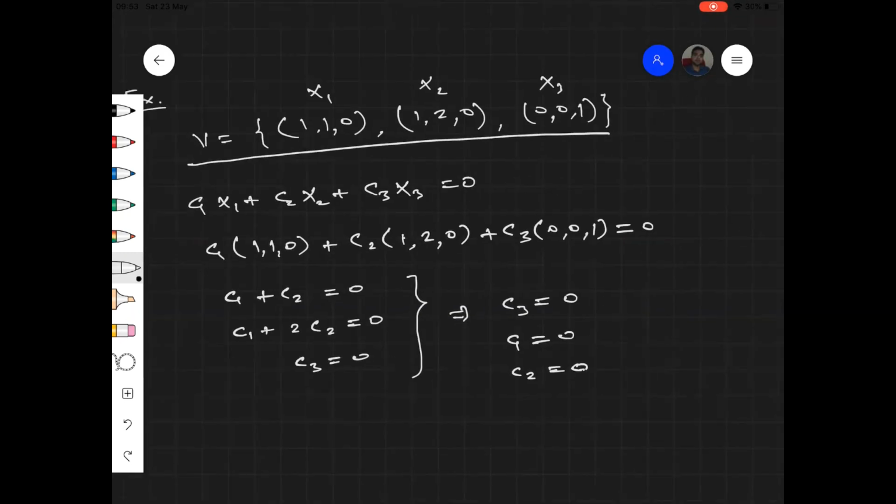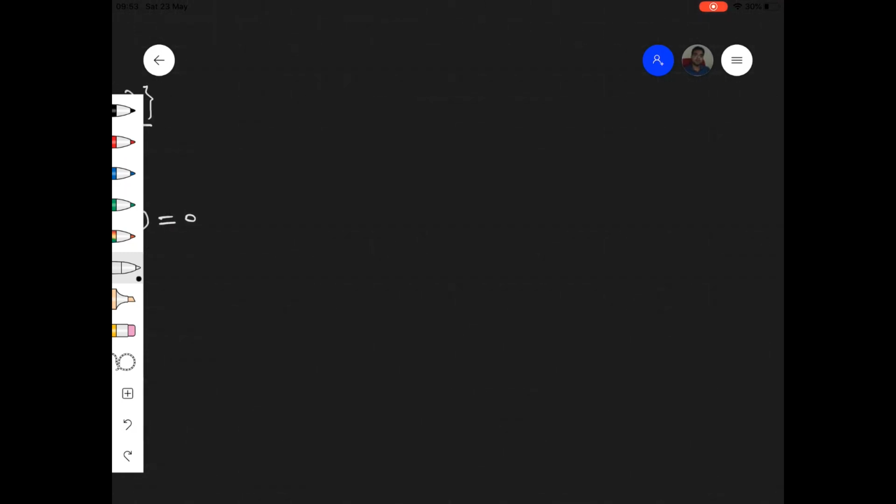Let's do an example again. This time we will have the elements 1 1 1, 1 2 1 and 0 1 0. We need to check whether this set is linearly independent or not.